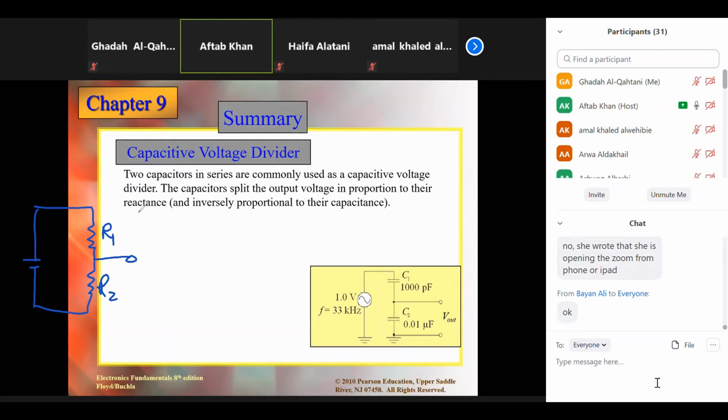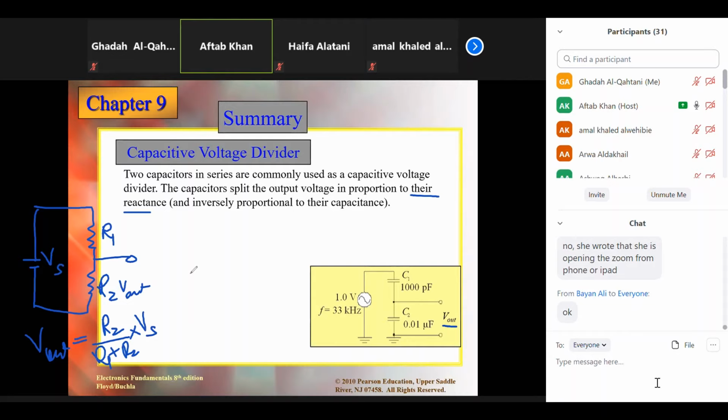So proportional to their reactances, girls, if I ask you how much is the V out, do you remember what you will write? You always write V out is equal to R2 over R1 plus R2 multiplied by Vs, if this is Vs. Is it clear to all? You know this one, right?